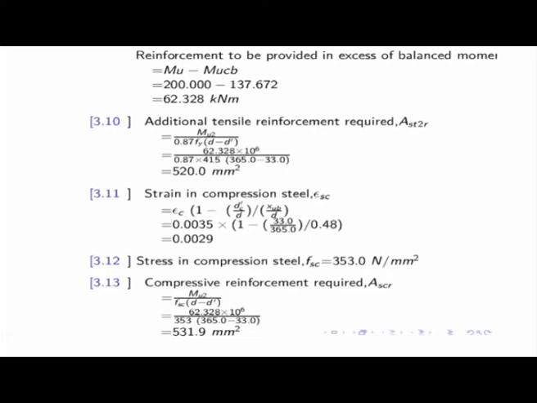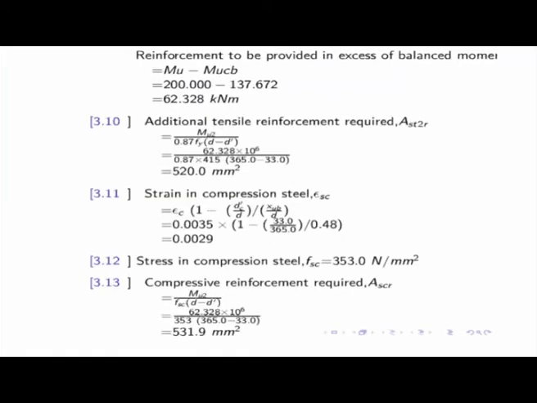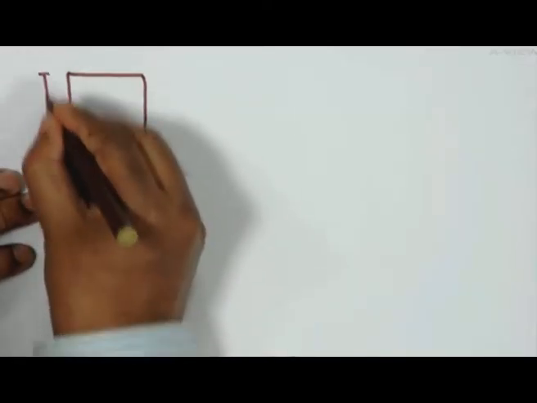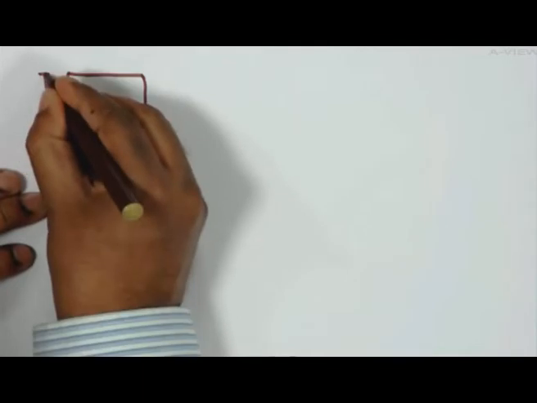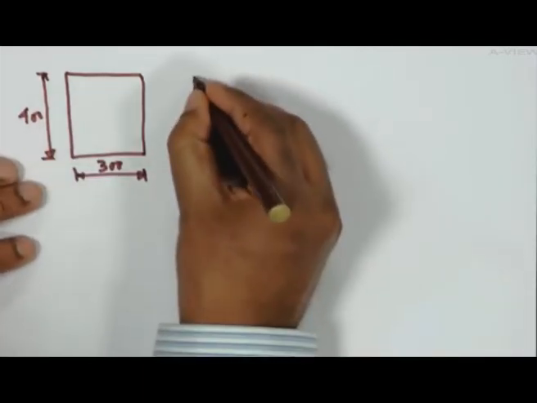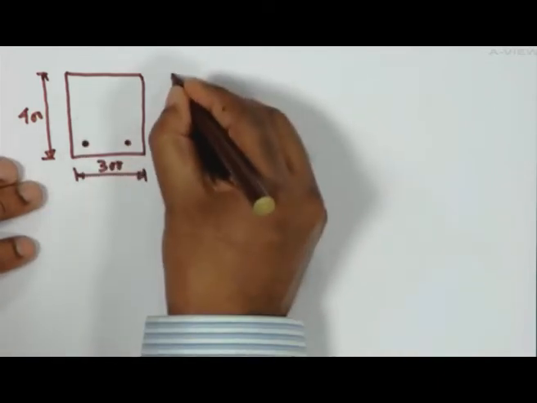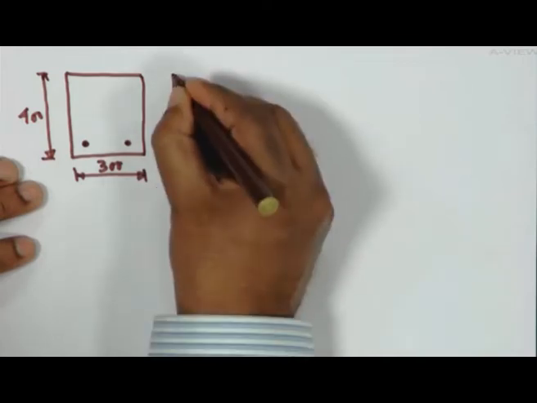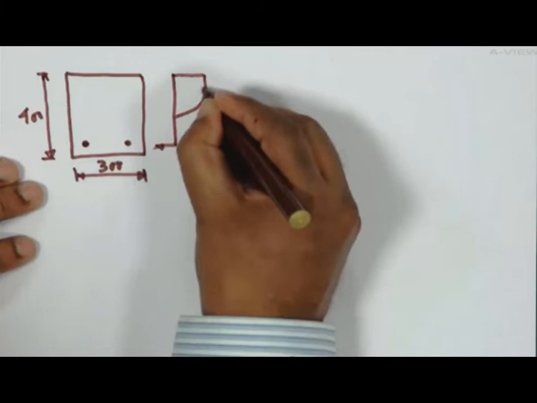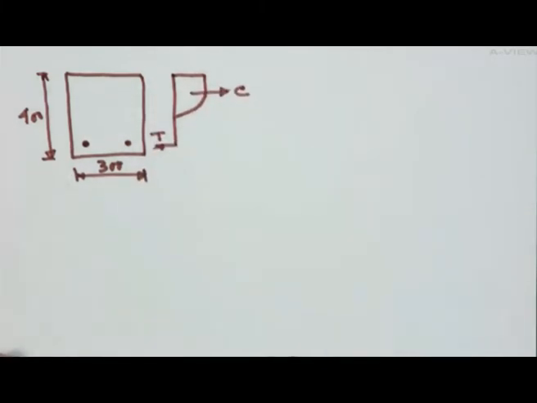Then I have given 400. So, first thing, we are providing steel here. So this is your section.